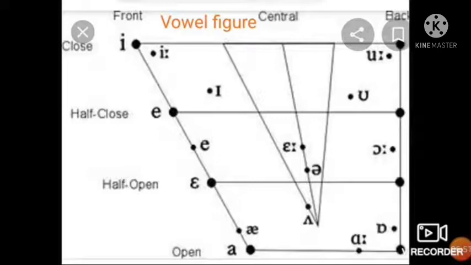It is common practice, however, to regard the spread, neutral, and open positions as unrounded and the other two positions as rounded.